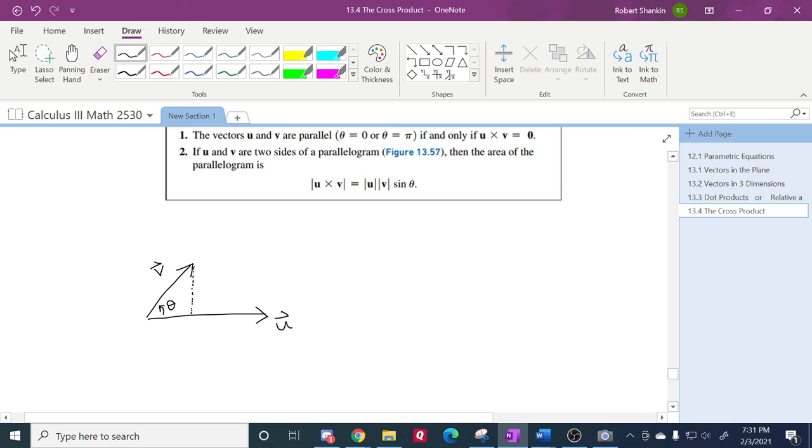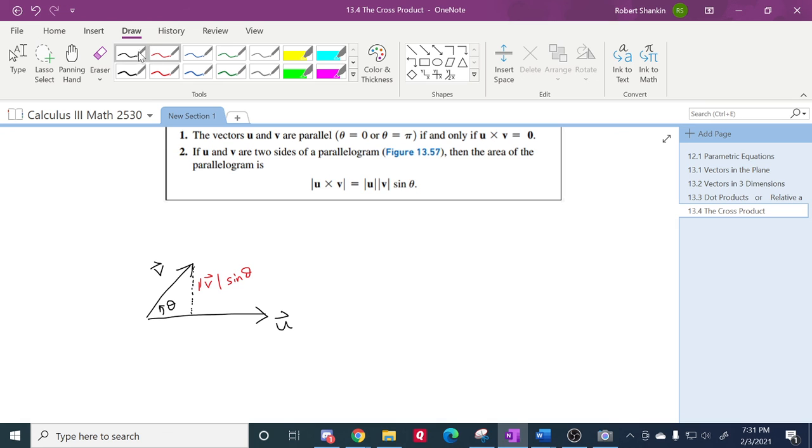And the length of the side is the magnitude of V times the sine of theta.